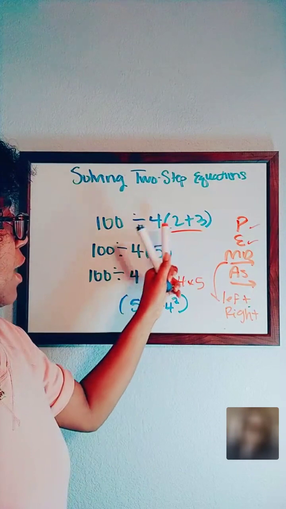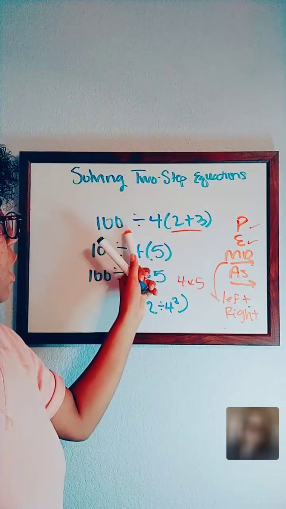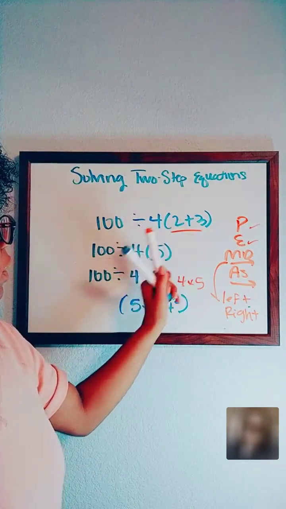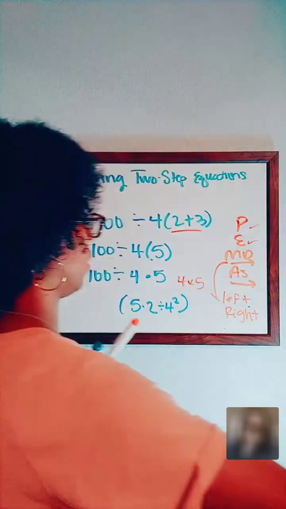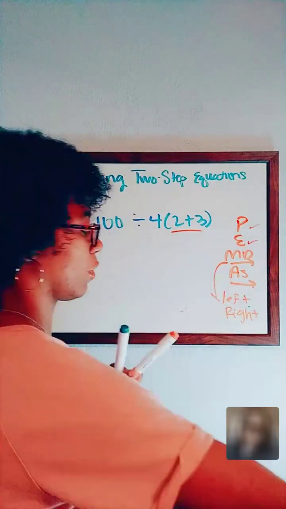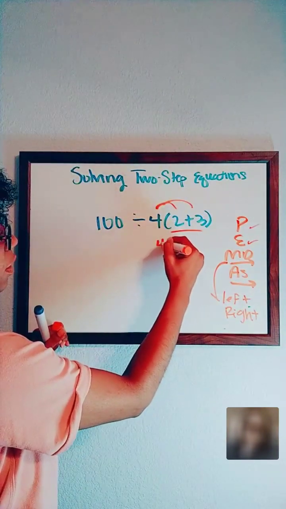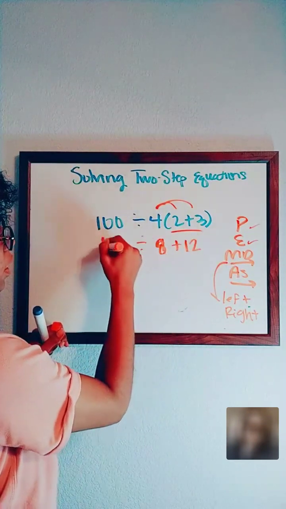Because that would give you 8, and that would give you that. And then you would do 100 divided by... well, yeah, it would give you a number. So if you did it that way where you distributed, you would get 8 plus 12.